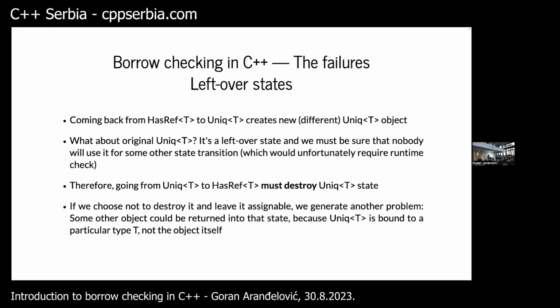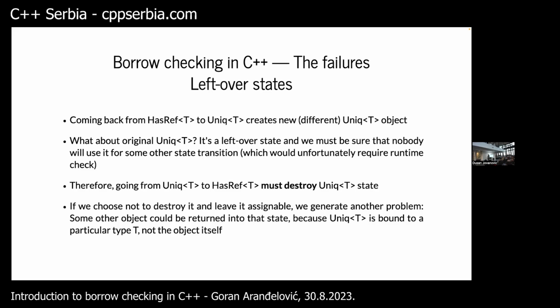There is a problem because all of these types, which are marking only the state transition, are not bound to a particular object. They are bound to a particular type. So unfortunately, you cannot enforce some mix and match of these state objects, so to say.